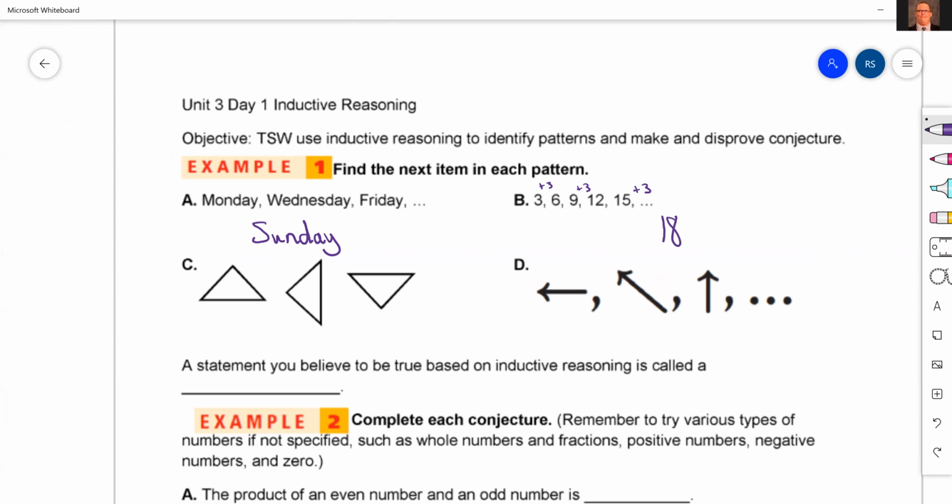Now, if we look at this triangle, let's focus on this top point. Where does that top point move each time?